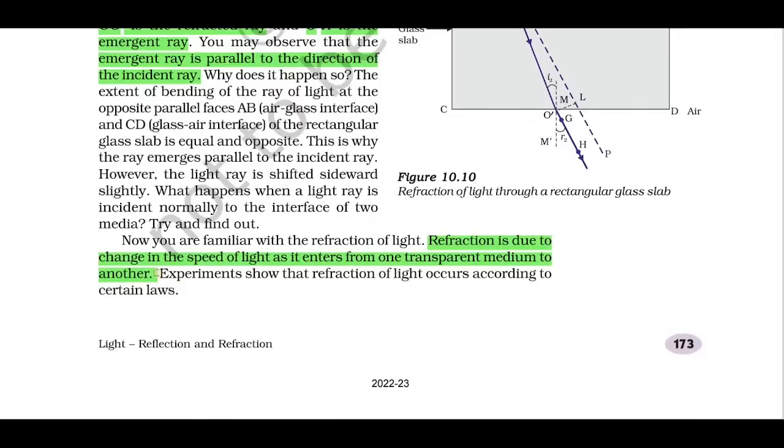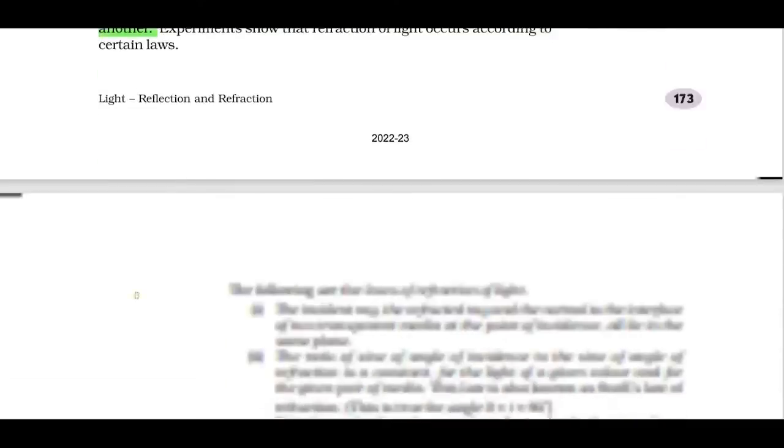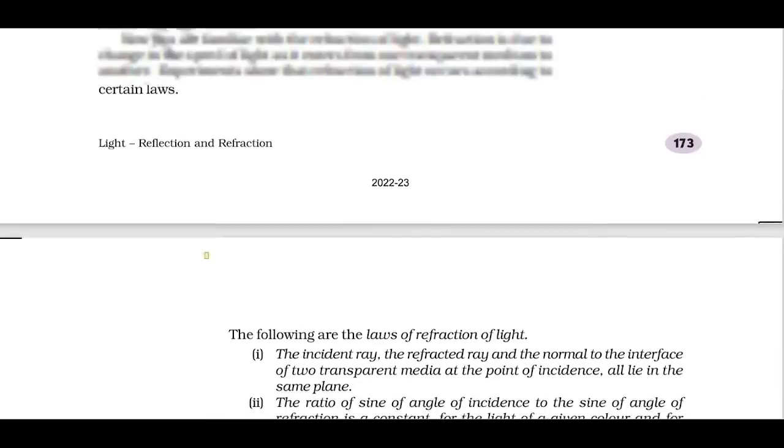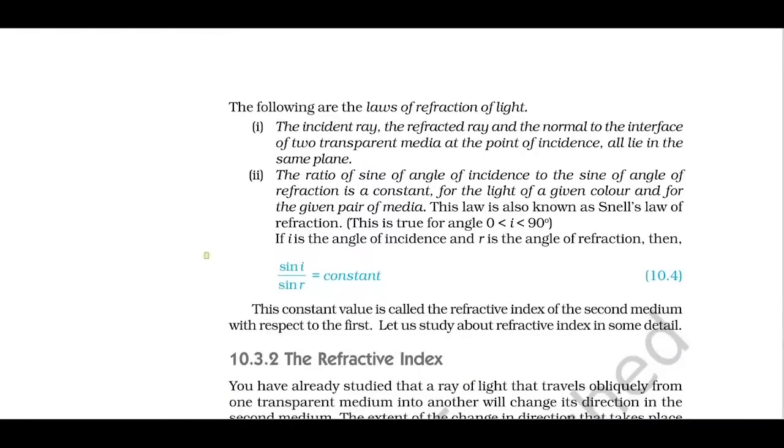When the light travels from a rarer medium to a denser medium, the speed decreases. It bends towards the normal. If the light travels from a denser medium to a rarer medium, the speed of the light increases. The speed of the light in medium 2 increases and it bends away from the normal. So many times a question has been asked based on this concept.